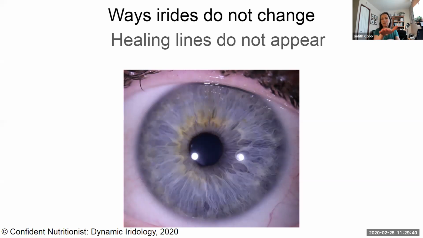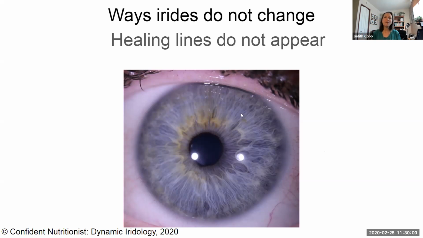Now we know the iris is made up of layers of fiber stacked on top of each other. And when there is an inherent separation in the top layer, we are simply looking at the fibers that are below that. This has nothing to do with healing. We are just looking down a layer or two in the iris.